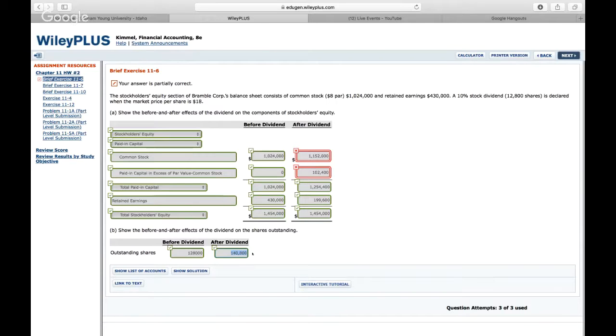Then we're going to go ahead and start by doing the paid in capital in excess of par. So on this one, the common stock should stay the same. So this one should be just 1,024,000.